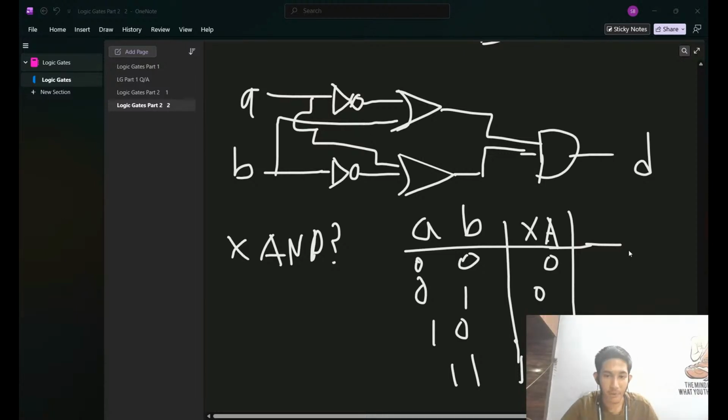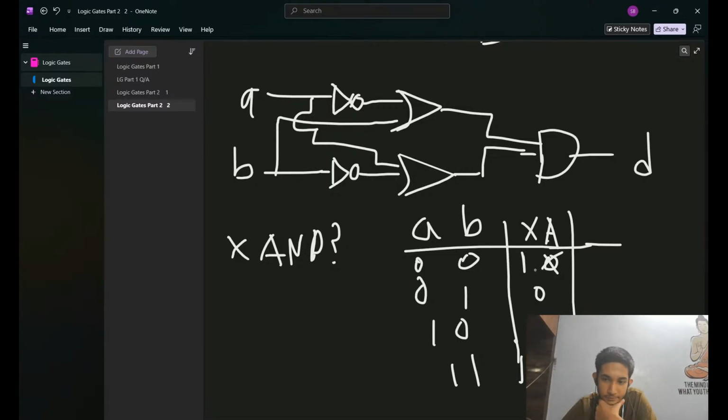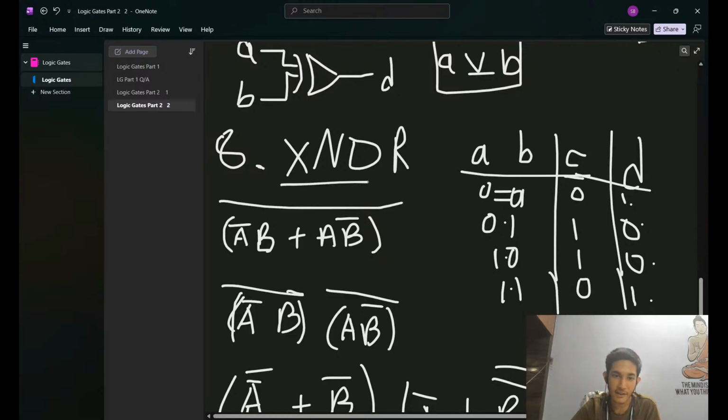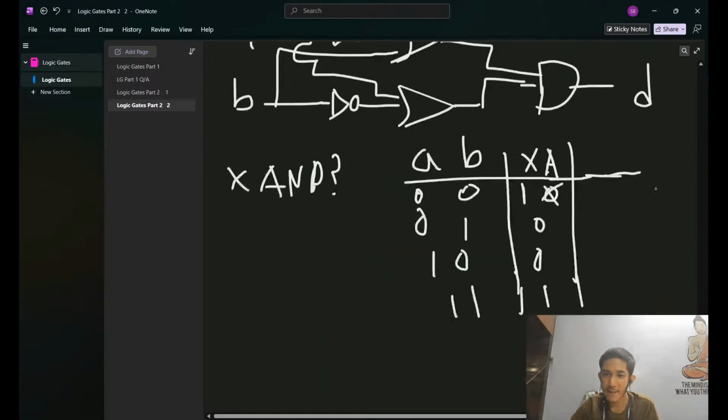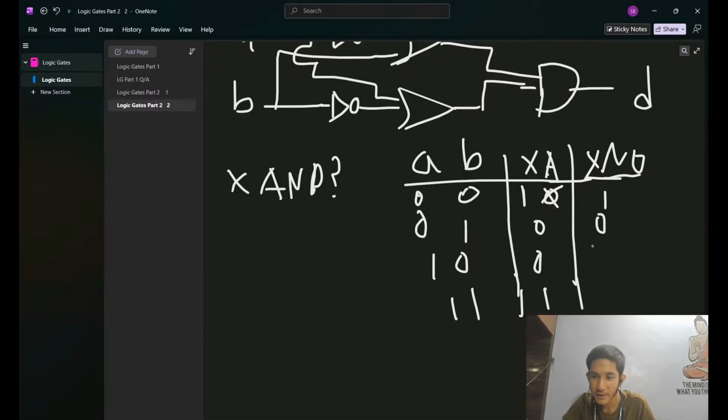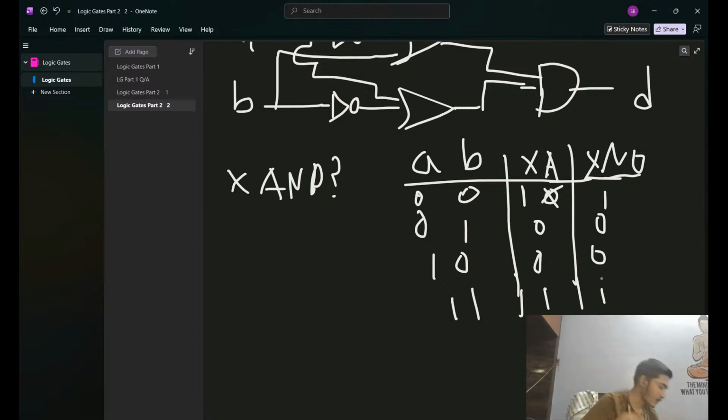So instead of excluding the 1, we can exclude the 0 and put a 1 here. That's XAND. Wait a minute, this feels familiar. Oh my god, it's the XNOR. That is right. If you check the XNOR gate, it's the same thing. 1001. As I said, if the truth tables are the same, then the functions are also the same.